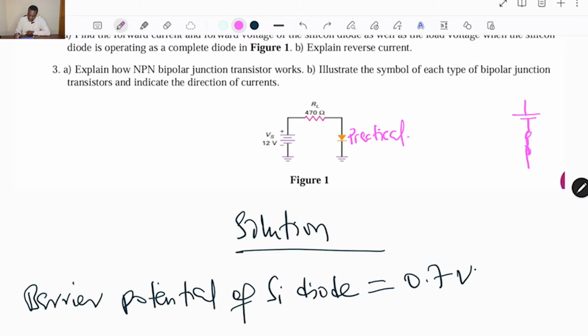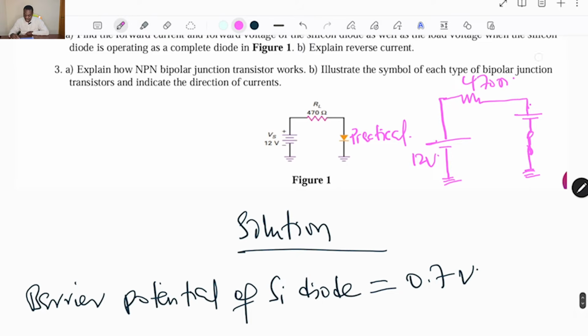I have here the source, and that is 12 volts. So we have something of this nature. Okay, so this is now a new diagram, and here is 0.7 volts.